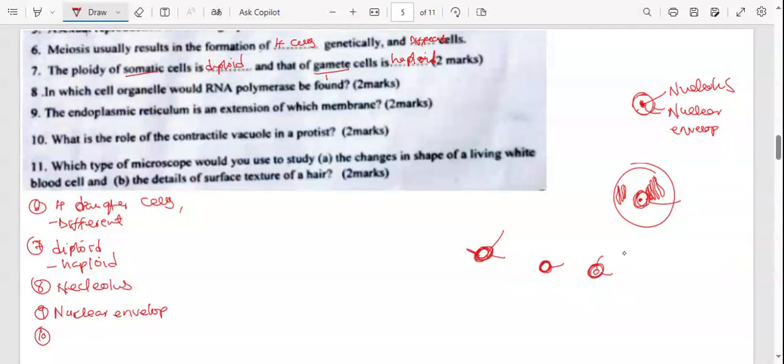So that is what we call a contractile vacuole.